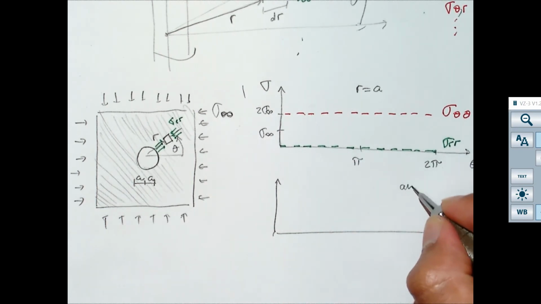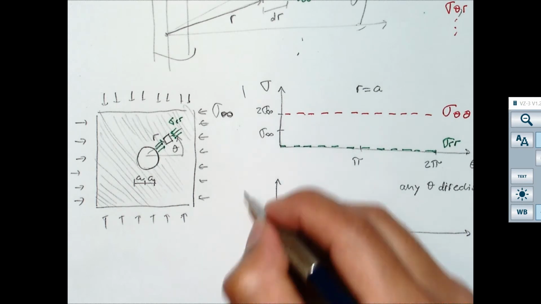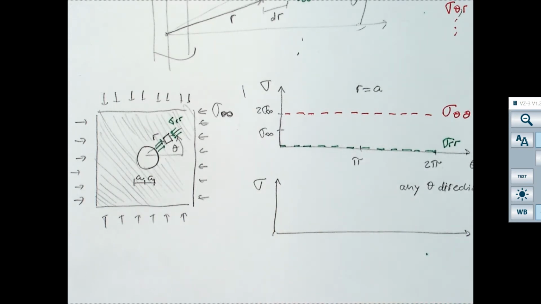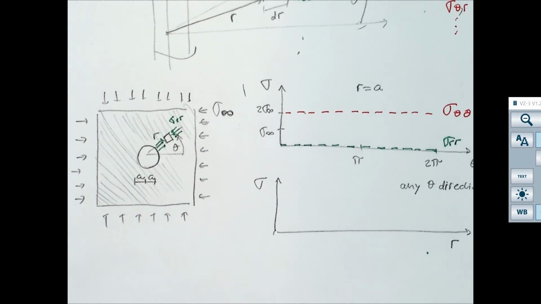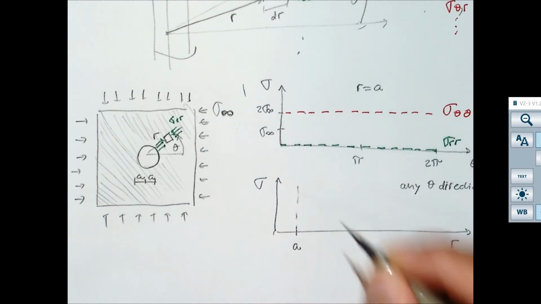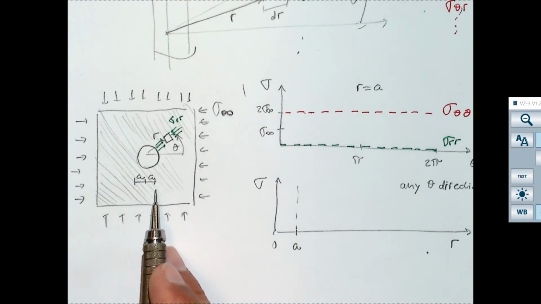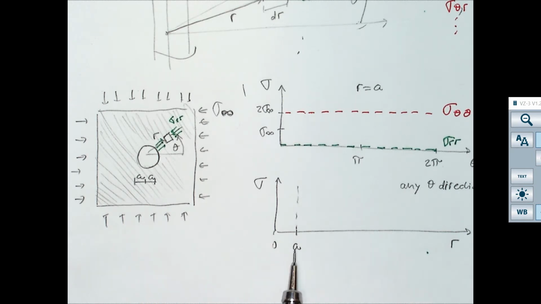So if I were to measure at any theta what is the stress, effective stress, as a function of distance r, you will see that in order to compute the stress, at least you need to get at a radius which is equal to the radius of the wellbore, okay? At the distance which is at least a radius of the wellbore.